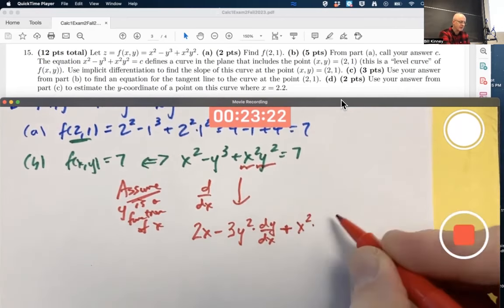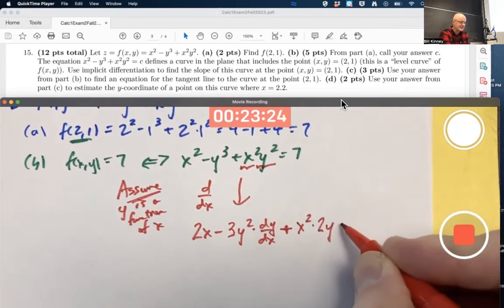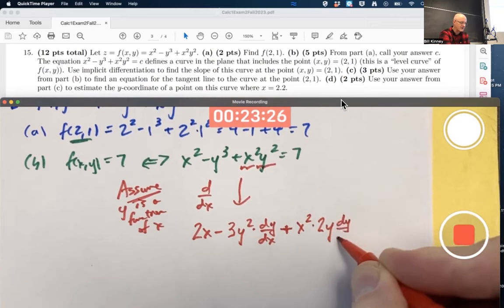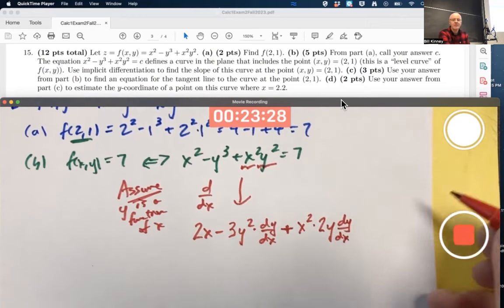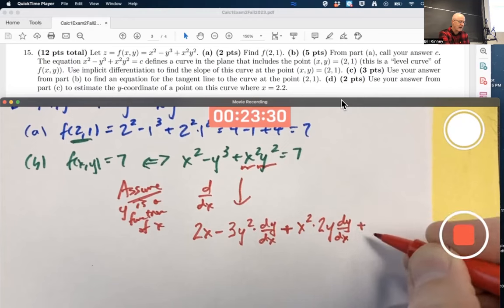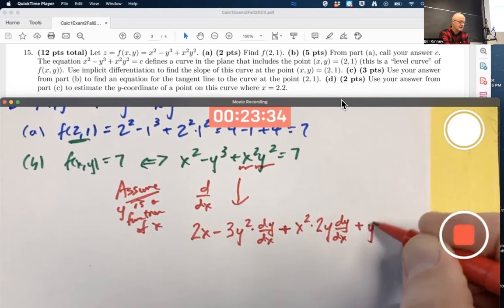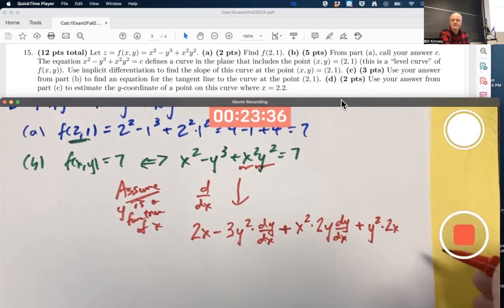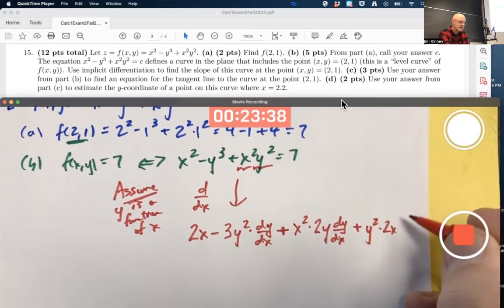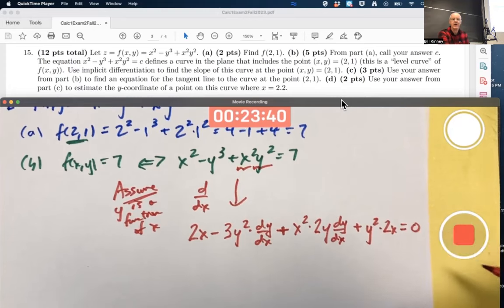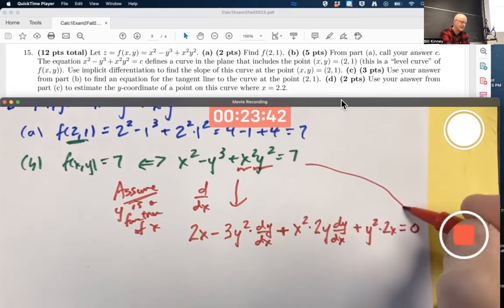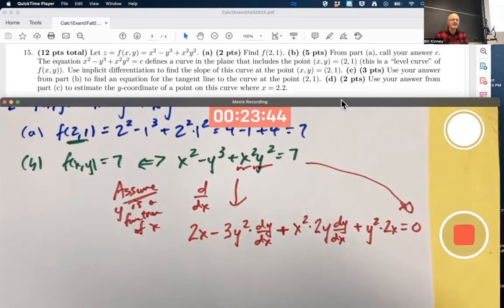D right, the derivative of y squared with respect to x is 2y dy dx by the chain rule again. That's lefty d-righty plus righty, y squared, d-lefty, 2x. 7 is an honest to goodness constant. Differentiate it to 0. Okay, that differentiates to 0. Don't forget that. What results now is an algebra equation that you can solve for dy dx.